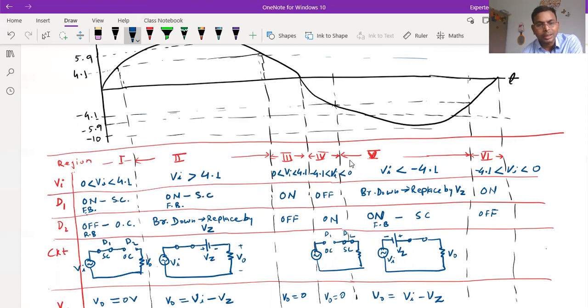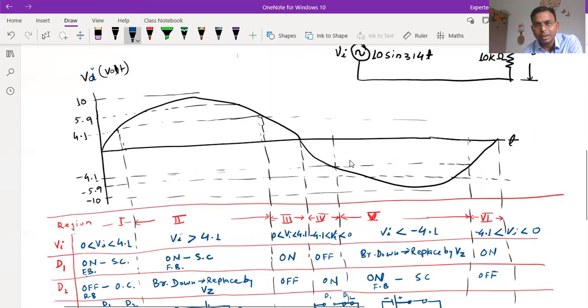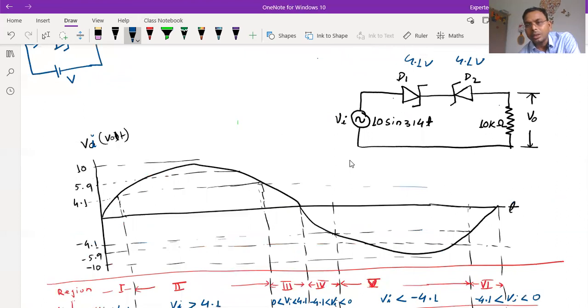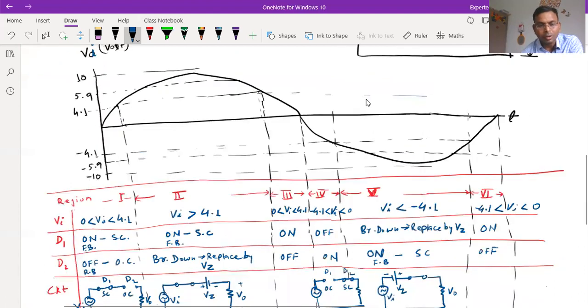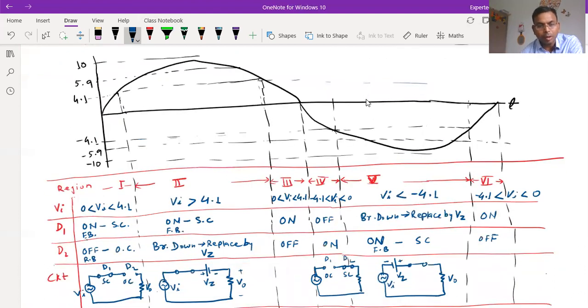So what will happen in this case? You can see diode D1 will be on, because this is positive and this is negative. Vi is greater than 0, so D1 will be on, but D2 will be off because it is reverse biased. I have written here D1 will be on, short circuited, because it is forward biased, and D2 will be off because it is reverse biased, and the voltage has not crossed the Zener voltage, so it is an open circuit.